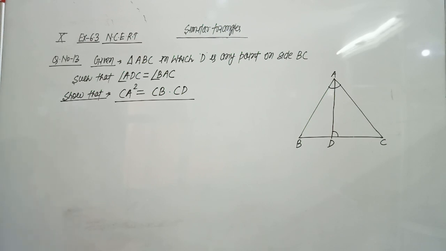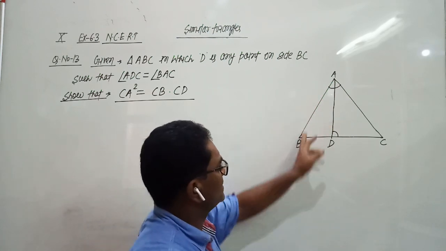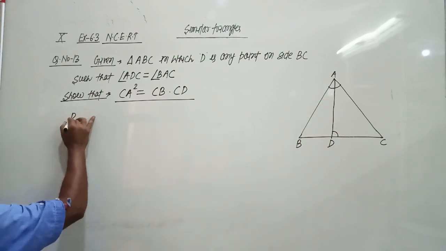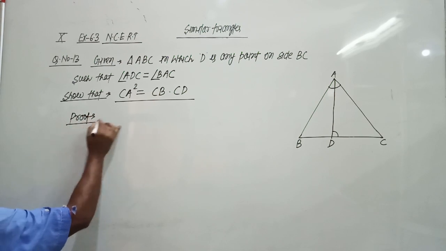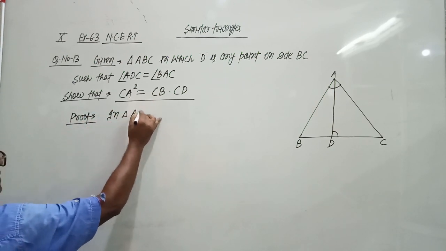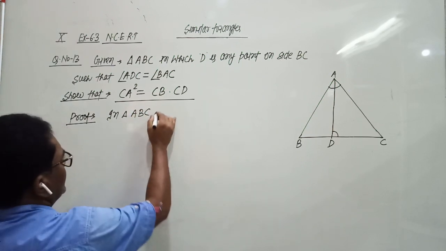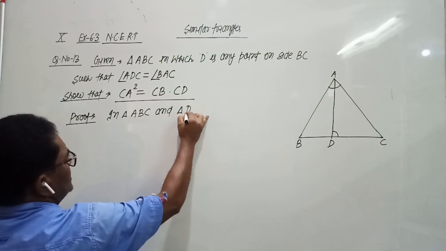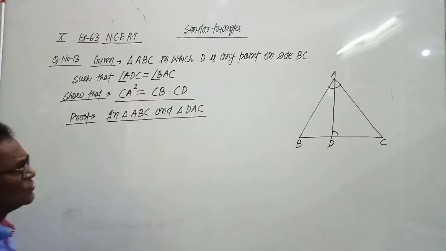So in triangle ABC and triangle DAC, we have taken two triangles.